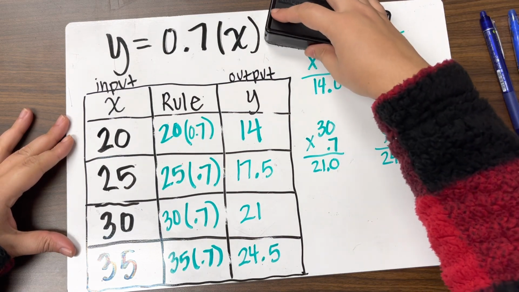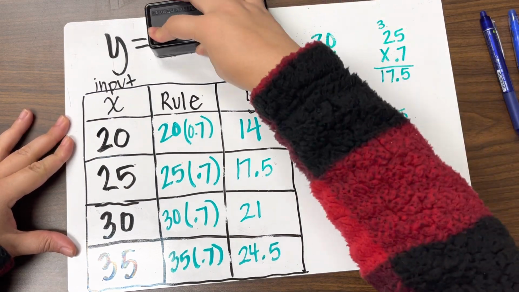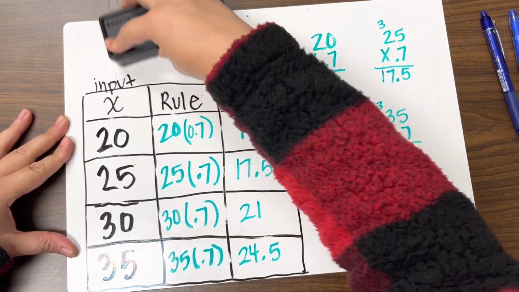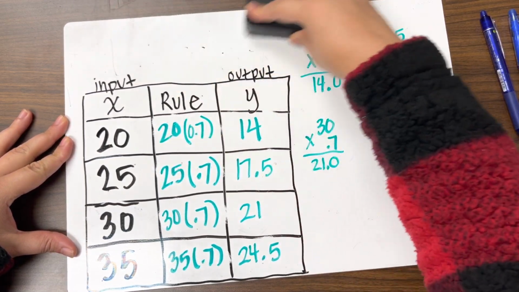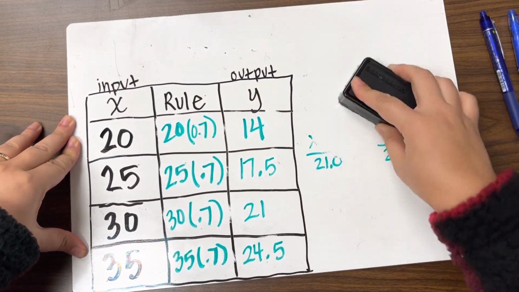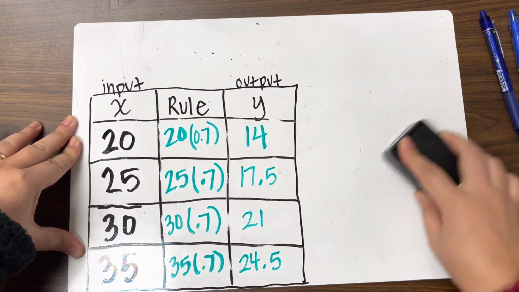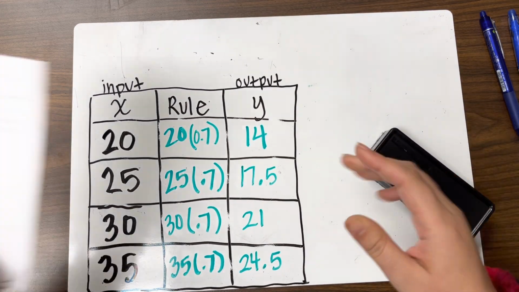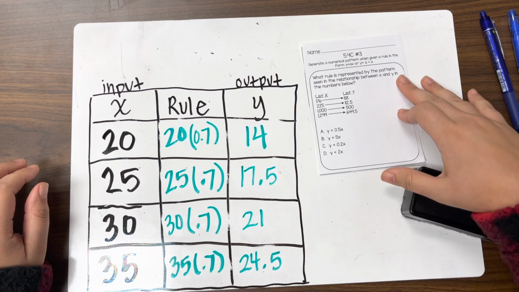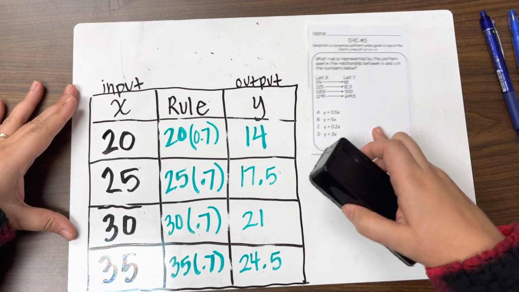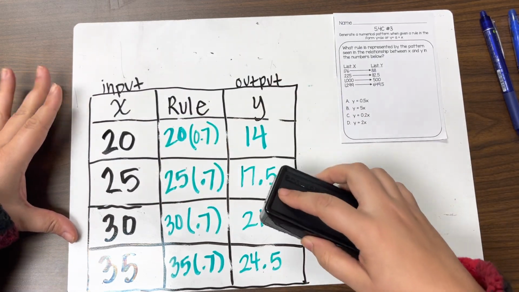This time we're not going to be given the rule. Let's say that they just give you the table, okay? So I'm going to erase all this, and we're going to do this problem right here together. So I know it's a little hard to see, so I'm going to make it bigger for you guys.